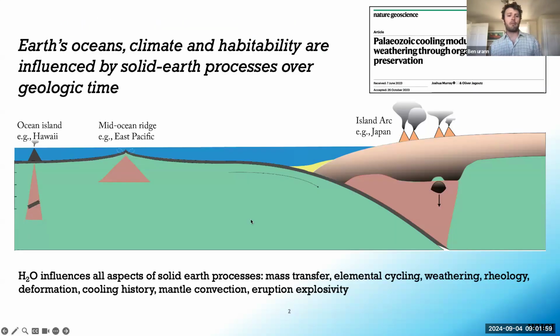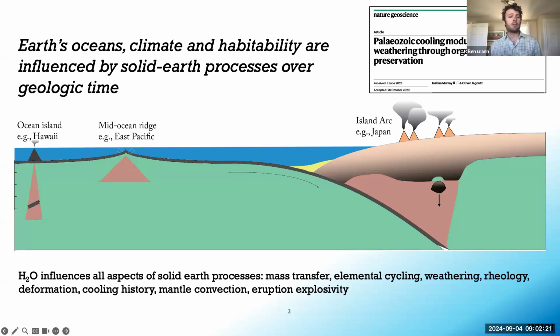So I kind of wanted to start off with the 30,000-foot view here. And so, what it comes down to is Earth's ocean chemistry, its climate, its habitability are really dictated by solid Earth processes over geologic time. These processes are in turn heavily affected by the behavior and distribution of water, whether that's water in the atmosphere, in the mantle, or in the oceans.